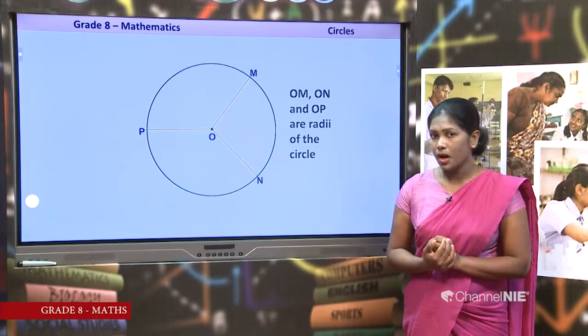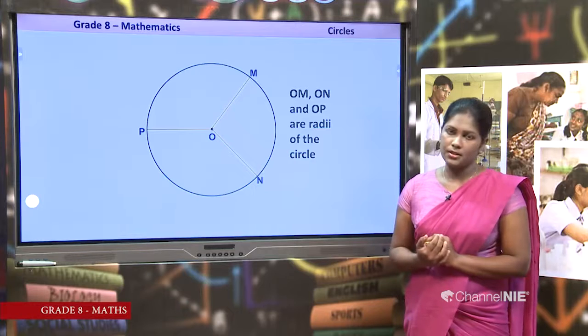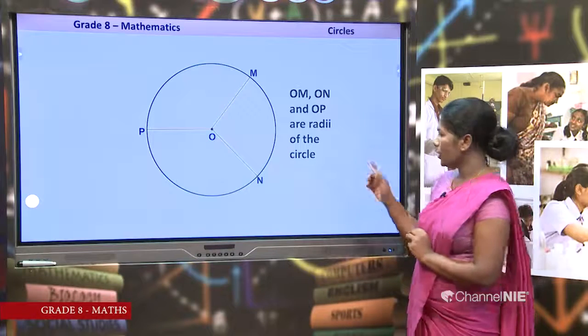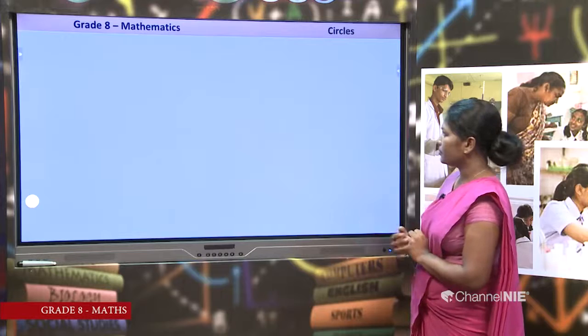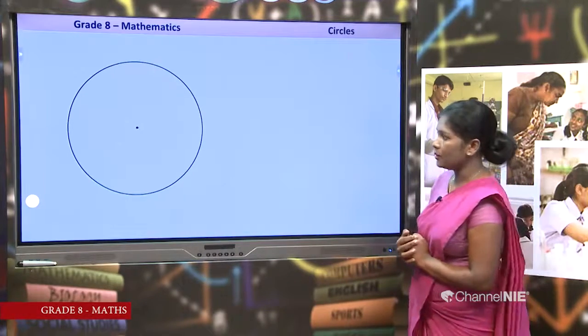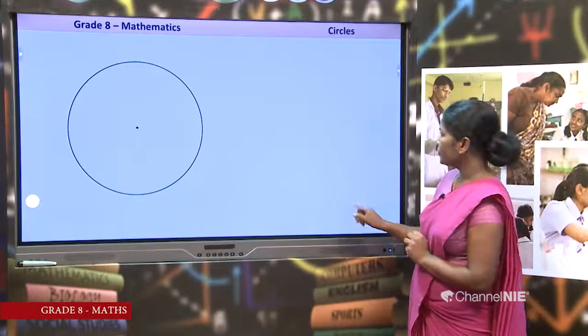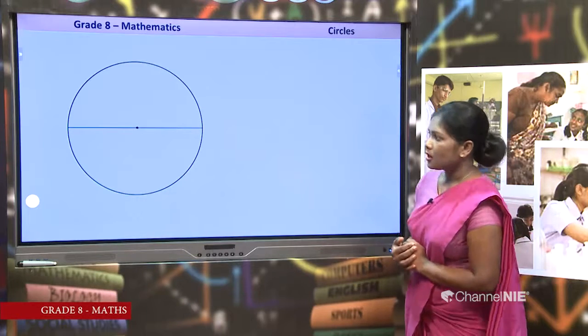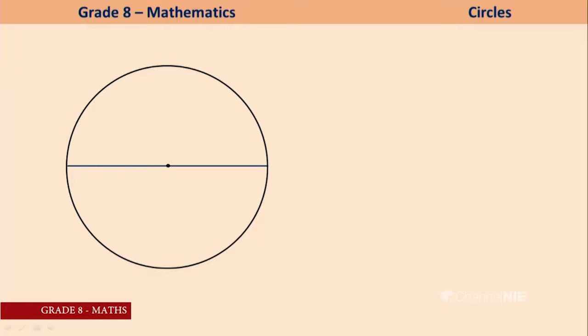Next, we talk about the diameter of the circle. What is the diameter? Look at this. There is a circle and also center. Now, you know this is a symmetrical axis.